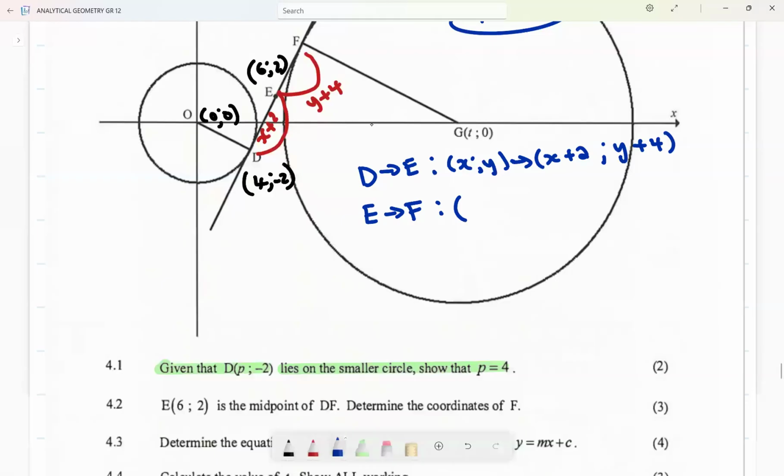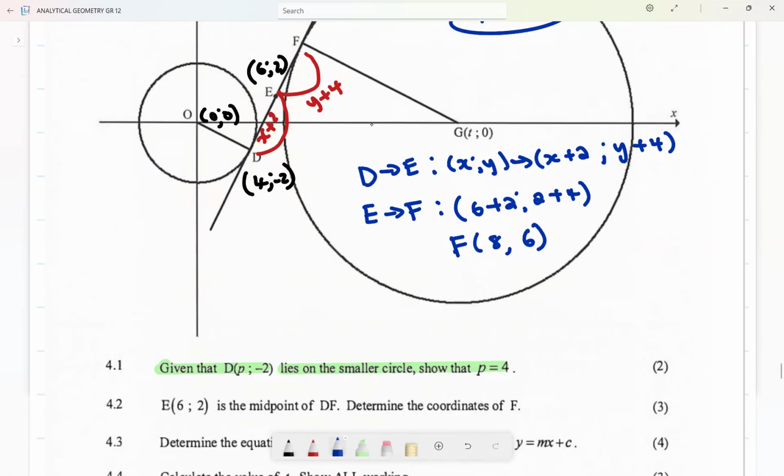E is an arbitrary point. So from E to F, E has an X coordinate of 6, so it's going to be 6 plus 2, and the Y coordinate of 2, I'm going to add 4. And then F is going to have coordinates of 8 and 6.